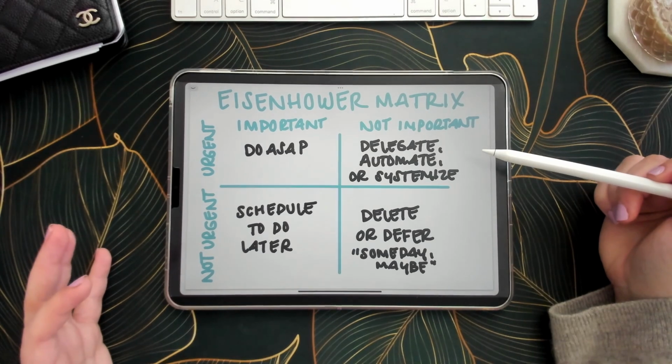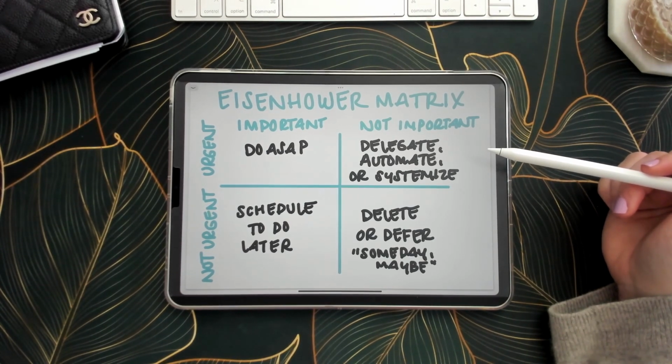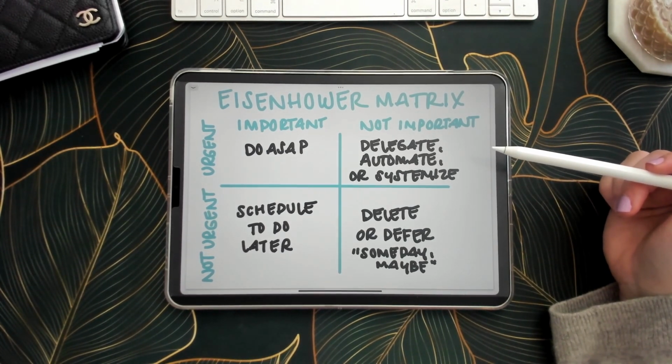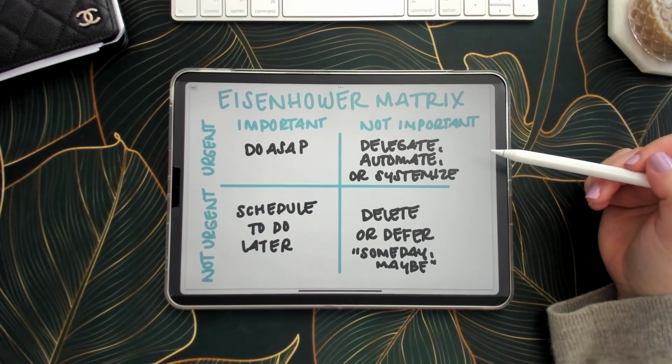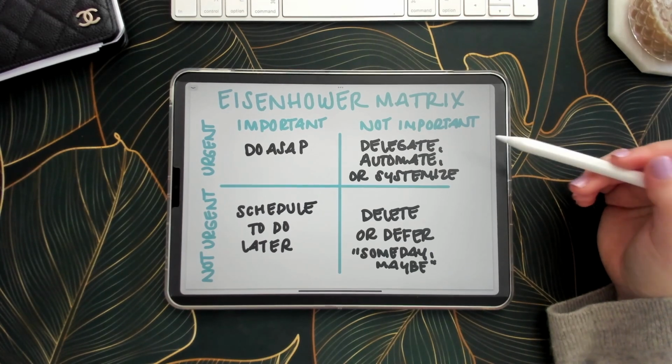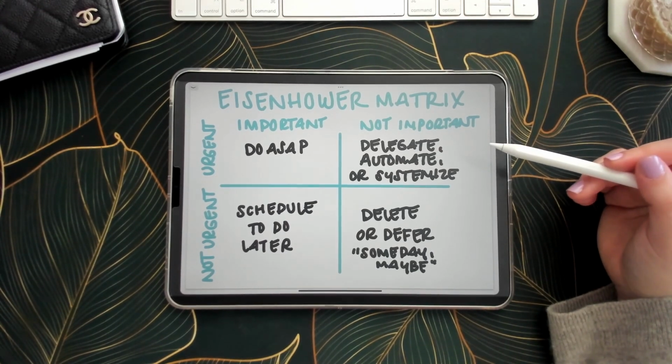Quadrant number 3 is urgent but not important. So tasks in this quadrant, they do need immediate attention, but they are not things that are going to be contributing to our long-term goals. So if these tasks can be delegated, definitely do that, or take some other step to minimize them so that you can free up time for more critical activities.